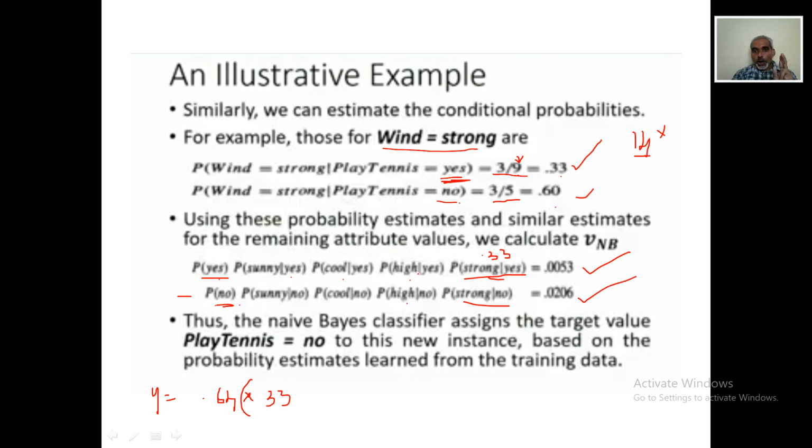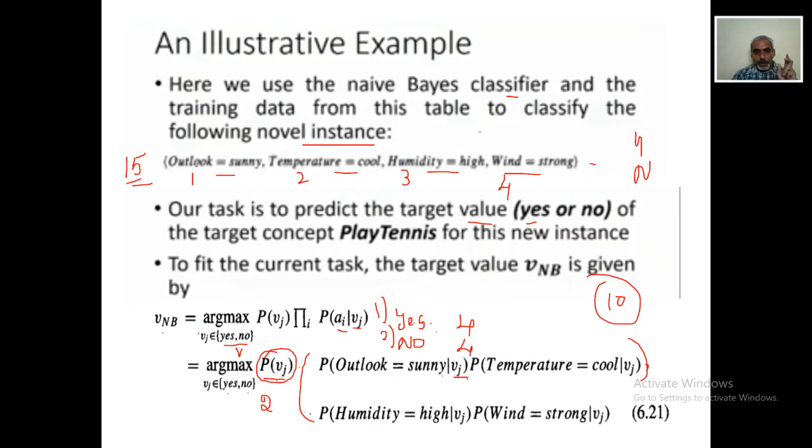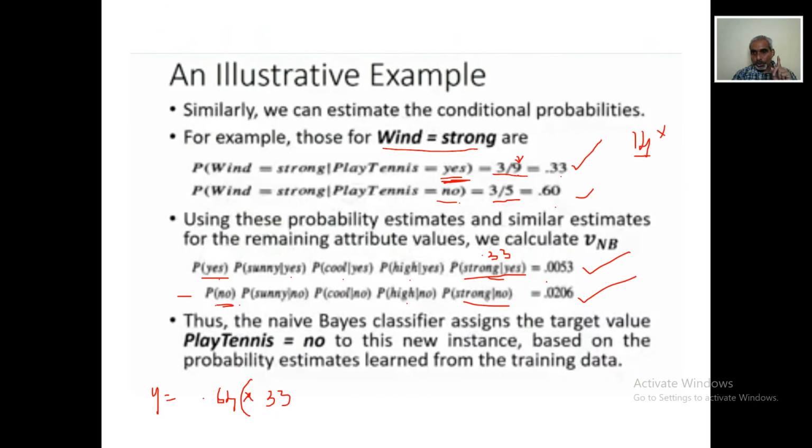Now you are going to apply this argmax. Out of these two values, whichever is maximum will be your classification for the new training example. Here it is very clear that the second one has the maximum value.